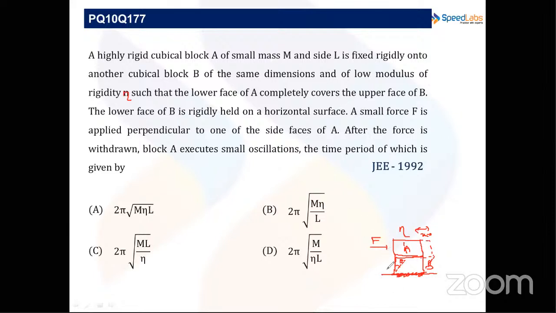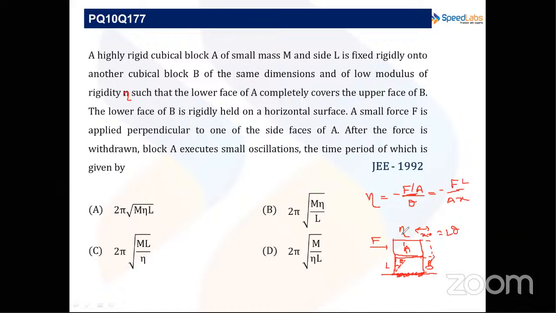L. Both are identical, so x is equal to L theta. What can we write about the modulus of rigidity? It is the negative of the restoring force, F by A, divided by theta. So it is minus F by A, and theta is x by L.